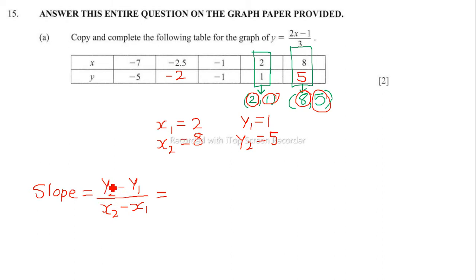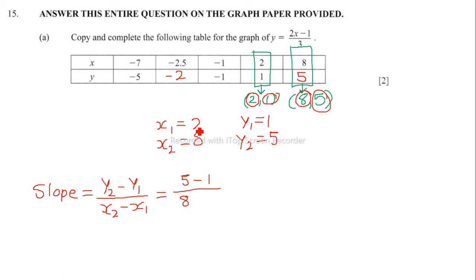Good. What is y1? 1, very good. What is x2? 8.